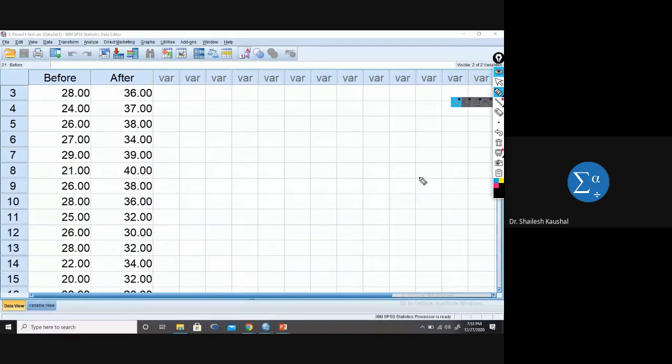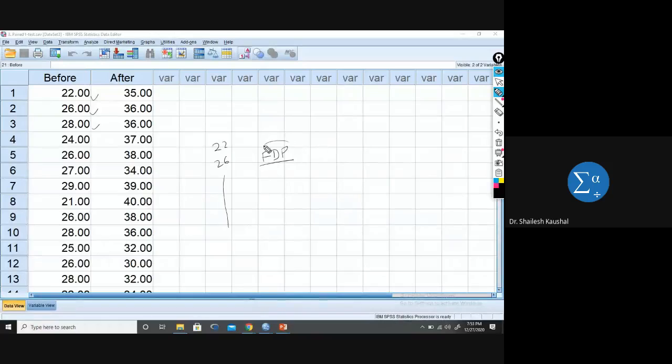So before treatment, 20 teachers. The treatment is the faculty development program, FDP. Okay, this is the treatment. Before treatment, the observation of teacher number one, the scores are 22, 26, and so on.